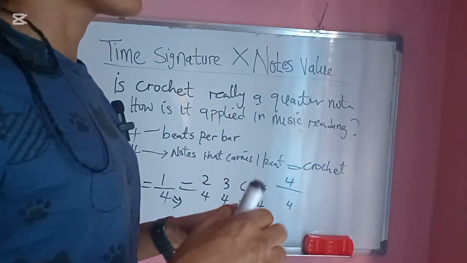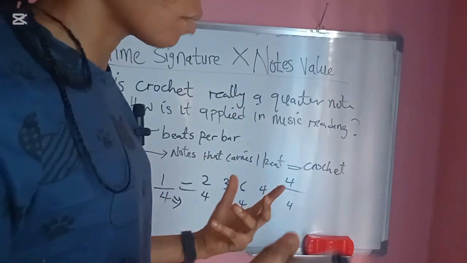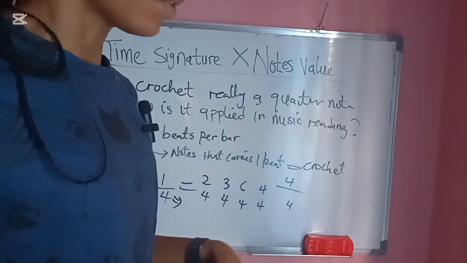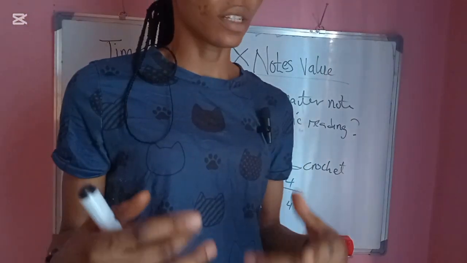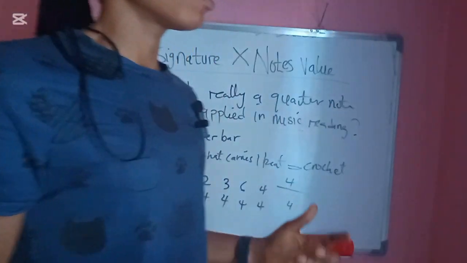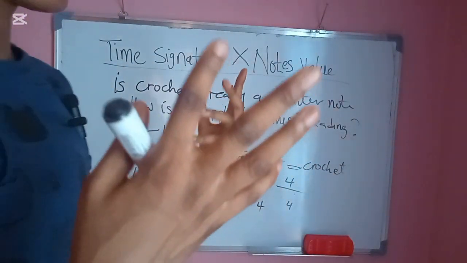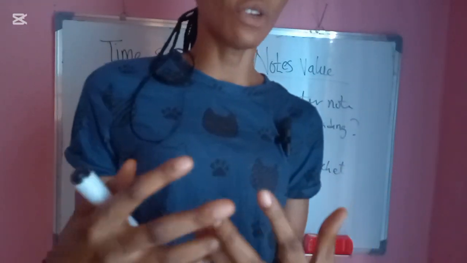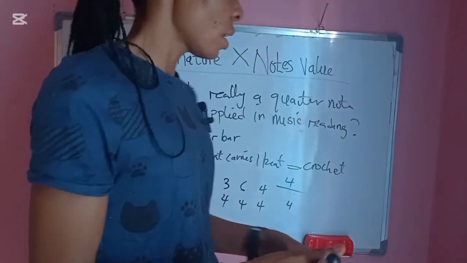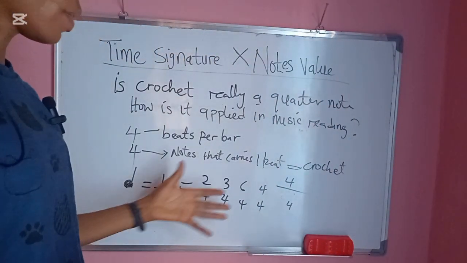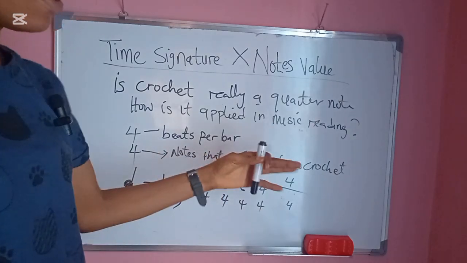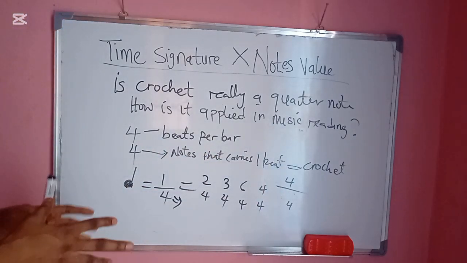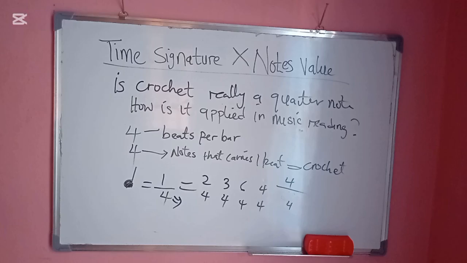In your whole life, when the lower number is 4, it signifies crochet as 1 beat. So it's not that in every music crochet will carry a quarter beat. The time signature determines the value of every note in music. For instance, today we are going to deal with 4/4. Let's see how this 4/4 works in music.